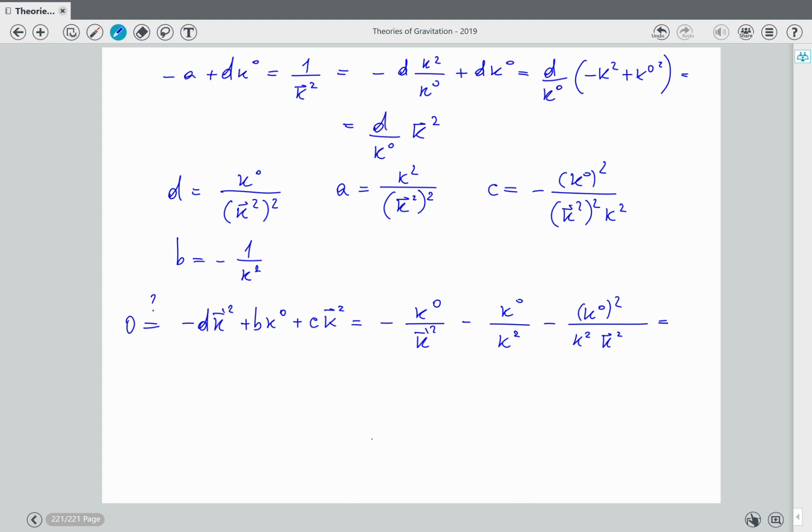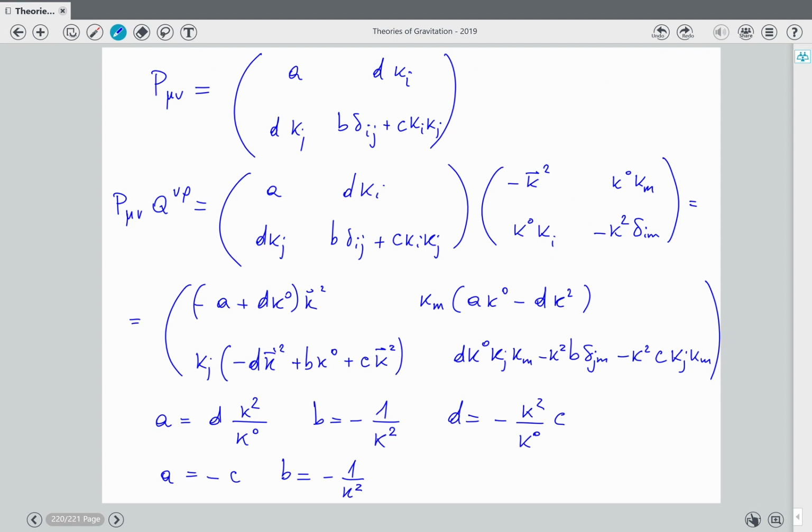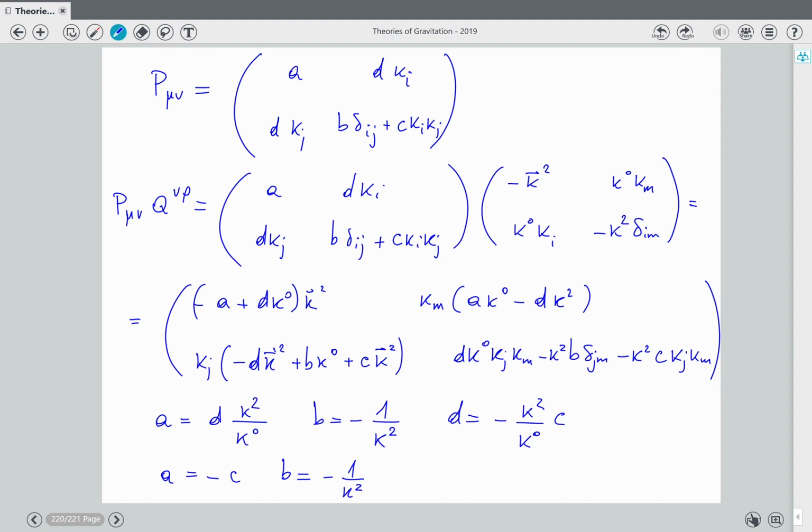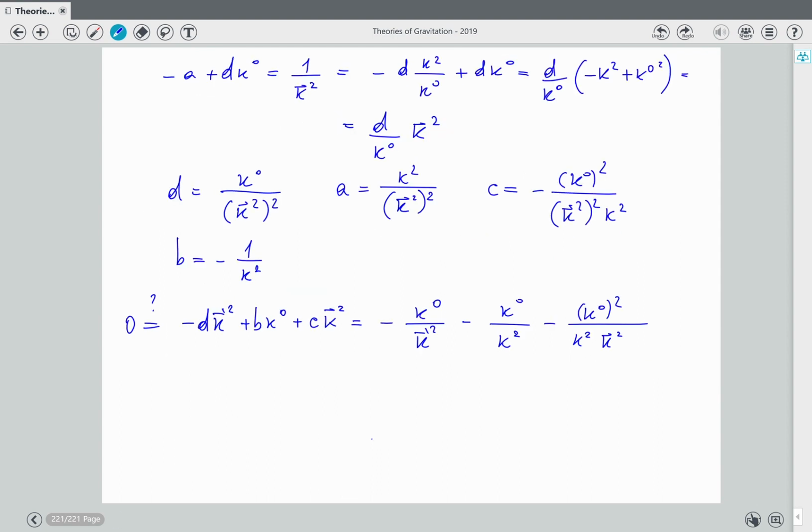There is something in c that must be wrong, because c should be even in momenta. So let's check what c is. C is minus k0 d divided by k squared. Okay, so c is that.